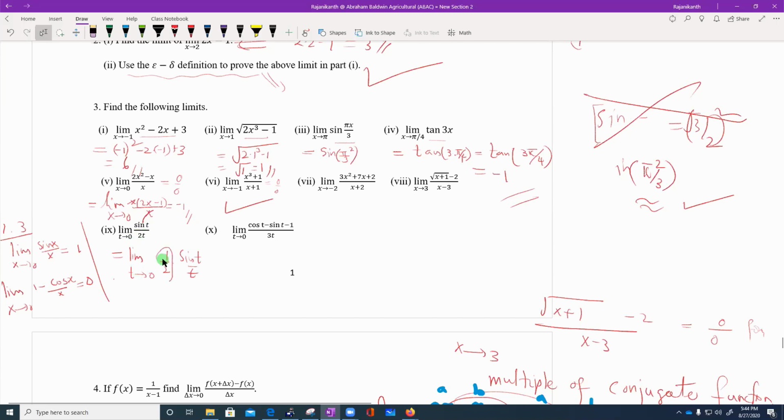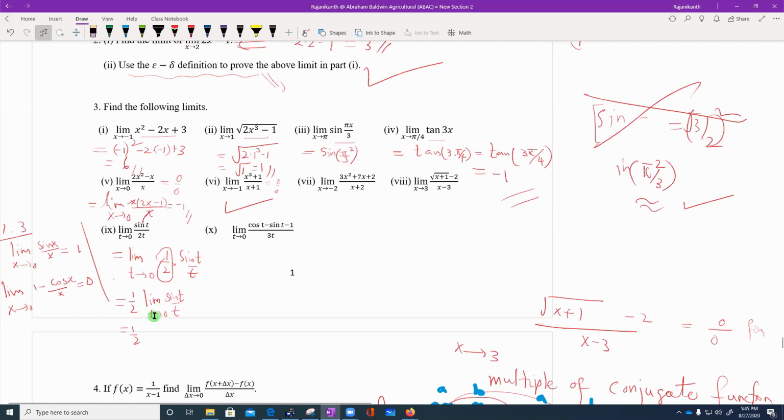Now remember, half is a constant multiple of this expression. Therefore, remember the limit property: if you have a constant multiple with the function, you could put that constant in front of the limit. That is half of the limit of sine t over t as t goes to 0. Now you could apply the theorem.